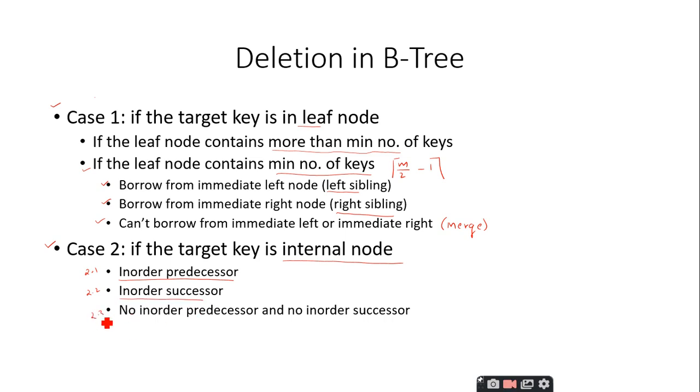Case 2.3: if the in order predecessor and in order successor cannot be used, that means the node has the minimum number of keys, so it cannot give its element to its parent node. In such a case we will again make use of the merge operation. So these are the three cases we are going to discuss in today's session, right?